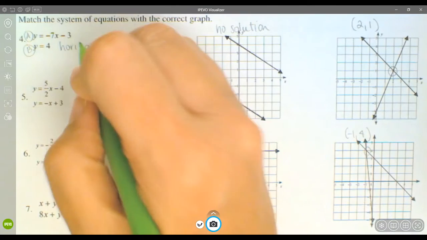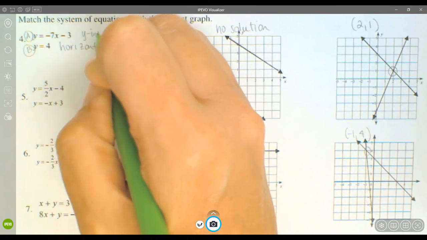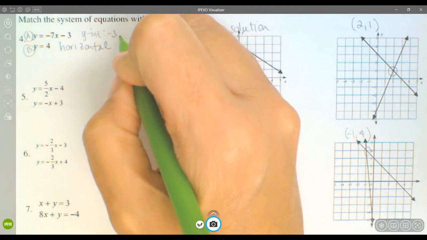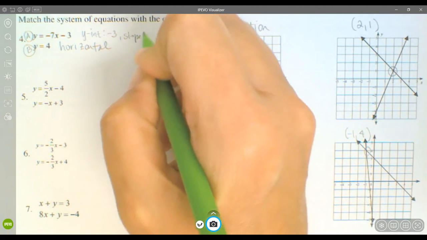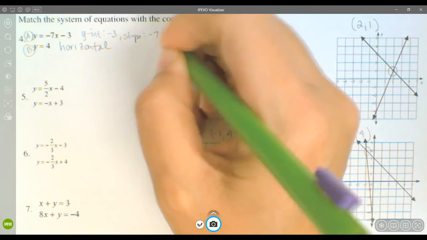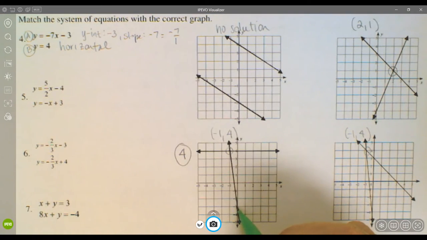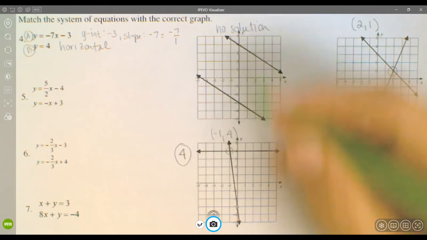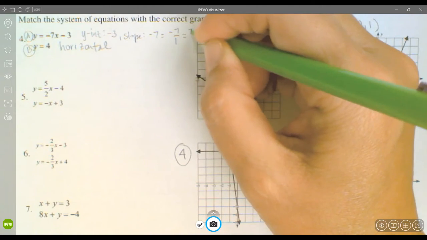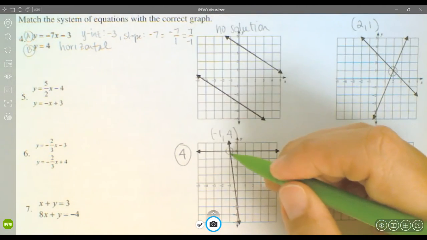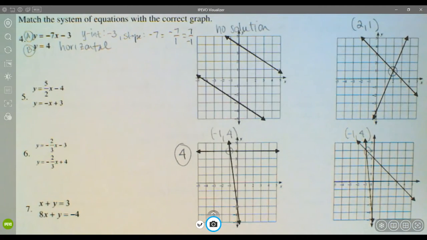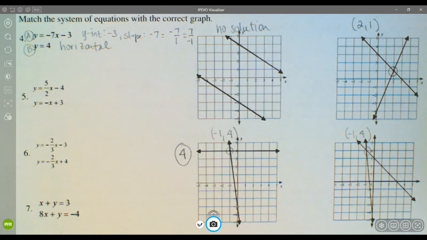But just to double check, my y-intercept is -3. My slope is -7, which is -7 divided by 1. I can't go down 7 because there's no room, but I can go up 7 and to the left 1. So this is the correct graph for number 4.